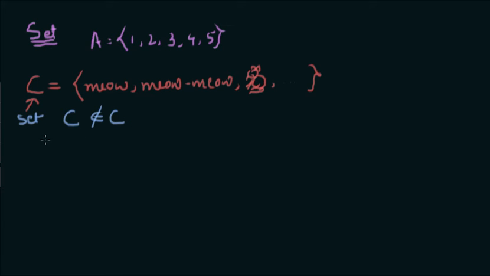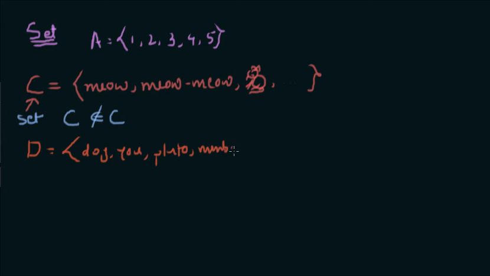Now let's think about a new set. Okay, let us call it D. The set of everything that is not a cat. Okay, so probably a dog, probably you, probably the planet Pluto, probably Mumbai locals.